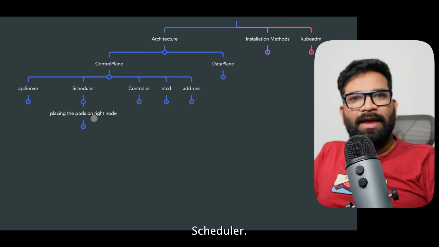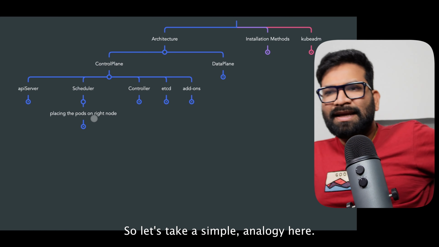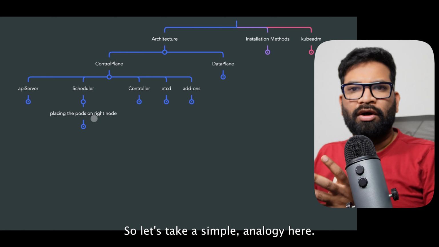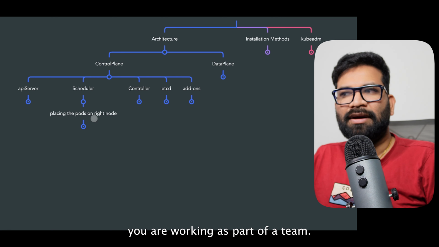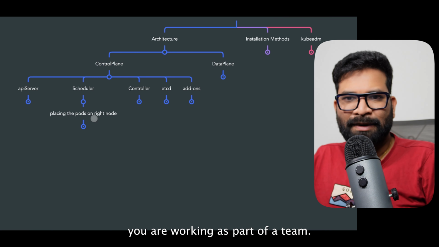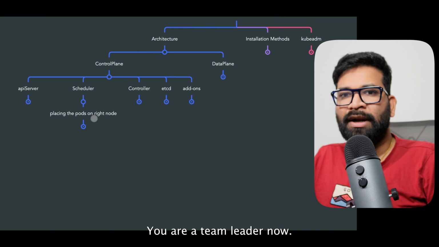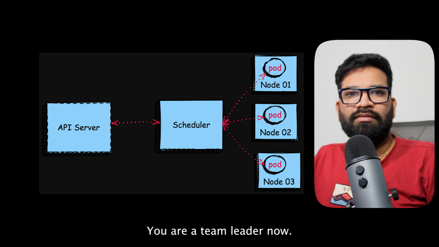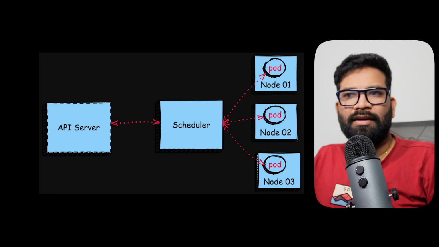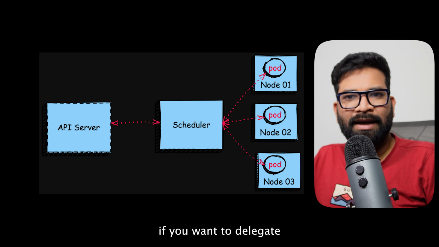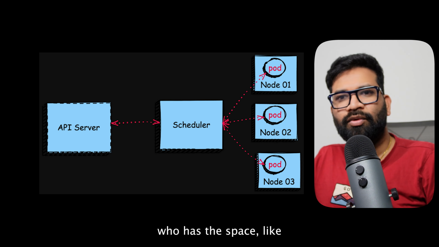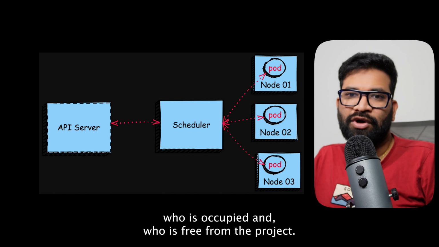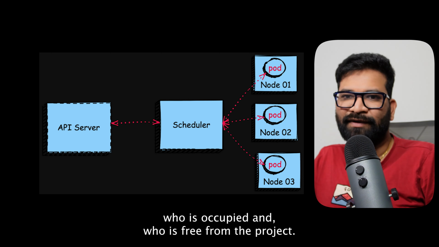Scheduler. Let's take a simple analogy here. Imagine you are working as part of a team. You are a team leader. If you want to delegate some work to your team, you need to know who has space, who is occupied and who is free from the project.